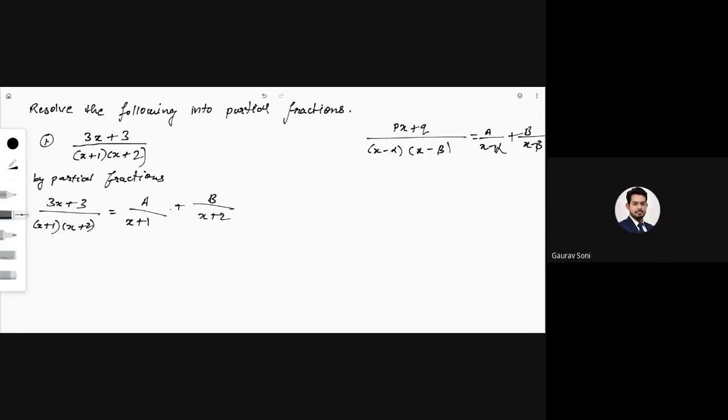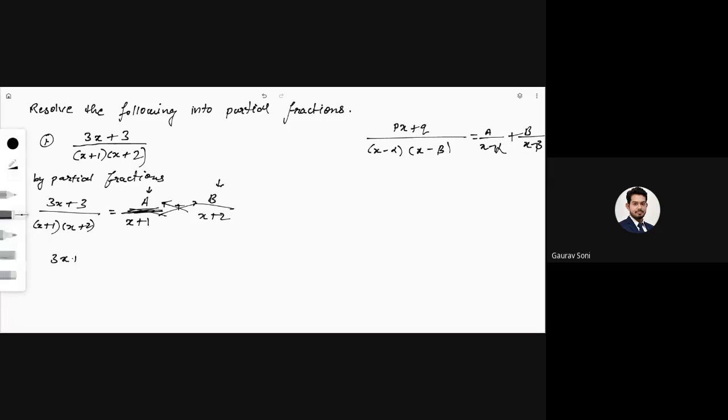Look, whatever the task is, I'm trying to write (3x + 3) upon (x + 1)(x + 2) as this. This form is called the partial fraction, right hand side form. So I need to find the values of a and b so that these terms become equal. So I will do the cross multiplication on the right hand side: you multiply this to this, and the denominator will become the same.